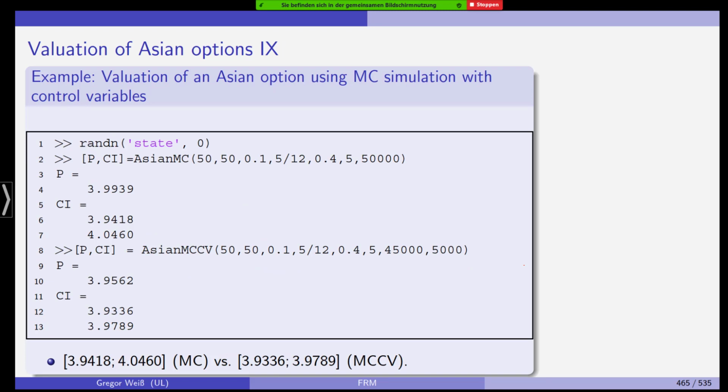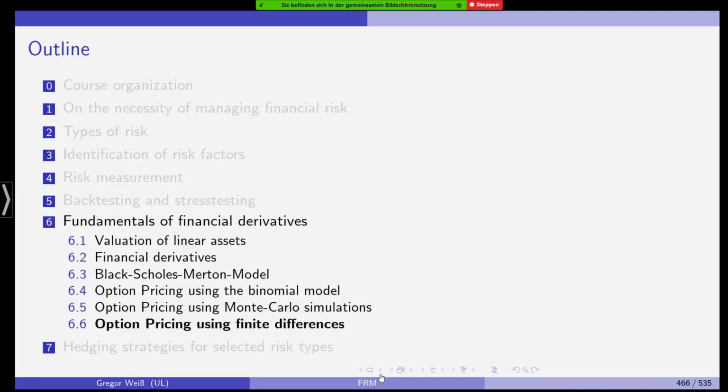If we now do this and compare standard Monte Carlo simulation with this Monte Carlo simulation using a control variable, you can see again the confidence interval becomes much, much smaller. The size decreases. Okay, so this is Monte Carlo simulation.